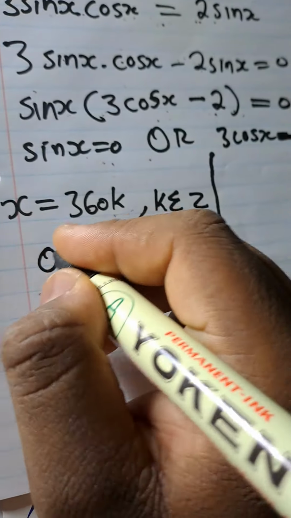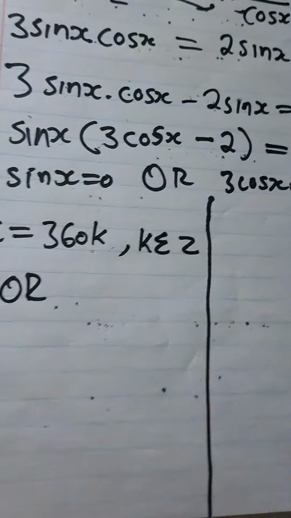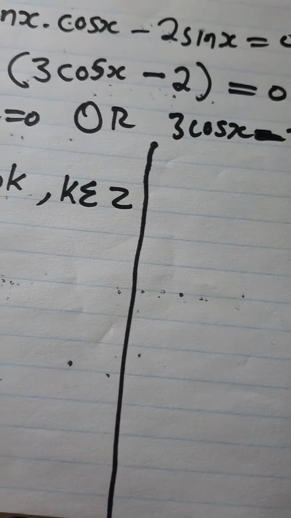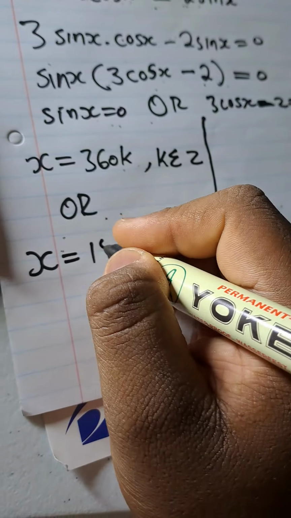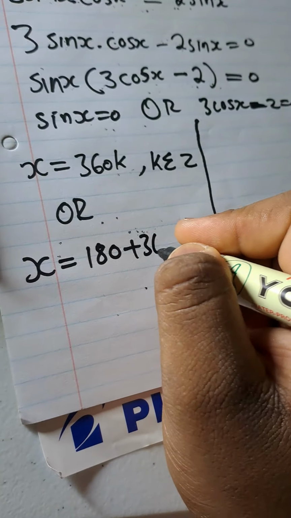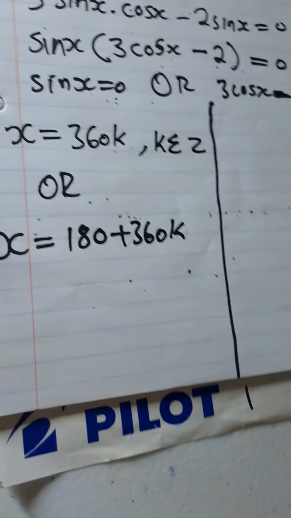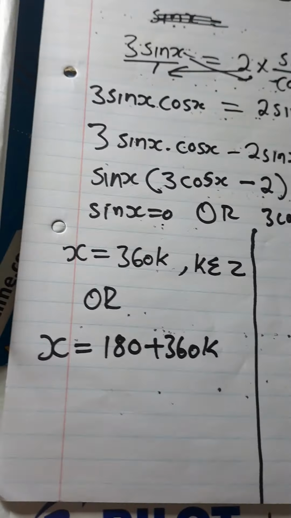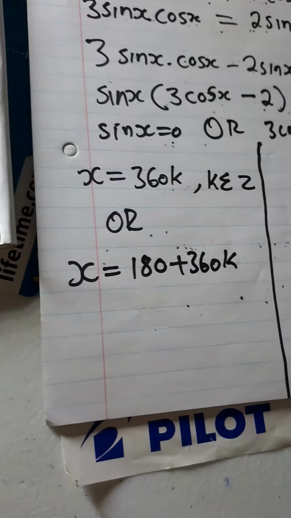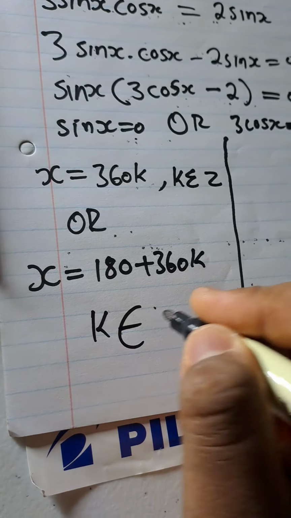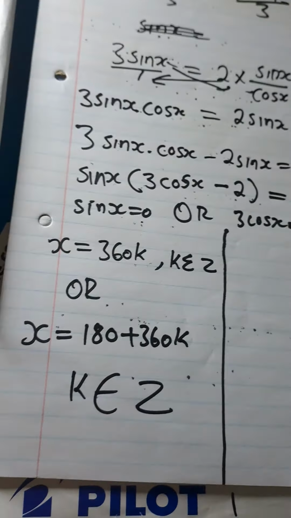Or, where is my sine positive again? In the second quadrant. So x is equal to 180 plus 360k, because my value is 0, so there's nothing I can subtract, there's nothing I can add. After saying 180 plus 360k, I say k is an element of real numbers. We're done for this one.